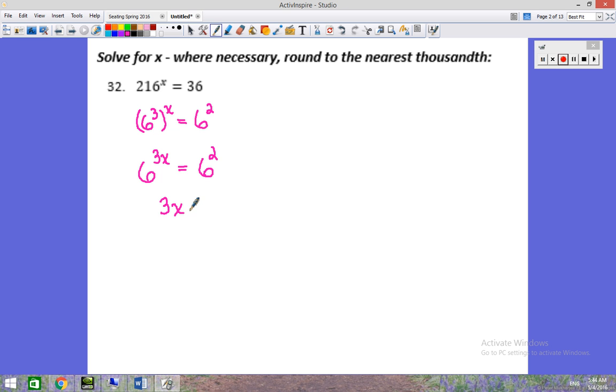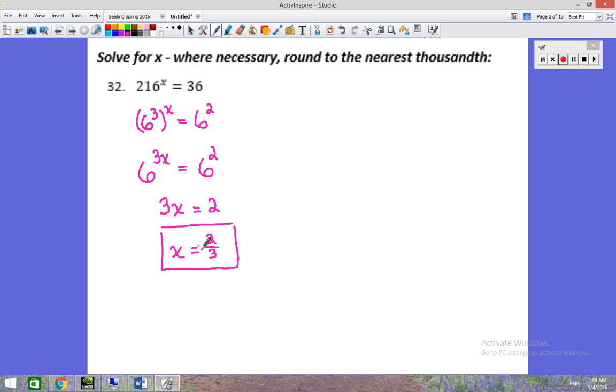So 3 times x is equal to 2. Divide both sides by the coefficient in front of x. You're dividing both sides by 3. It's awfully easy, I see people all the time accidentally dividing both sides by 2, the wrong value. Here's our answer for this problem.